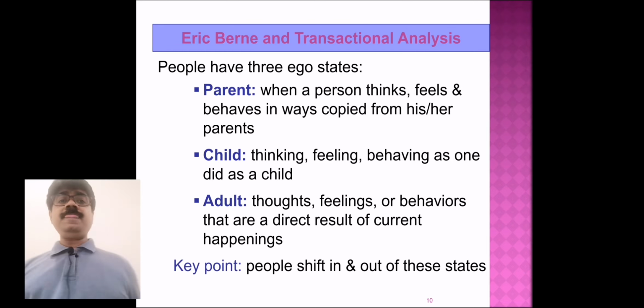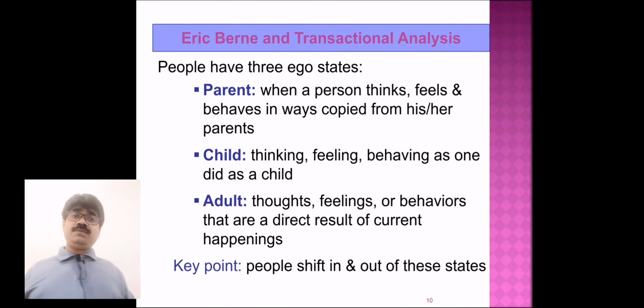The key point here is that people do shift in and out of these states, mind you. Everyone does. Suddenly you are in a parent ego and suddenly you shift to a child ego and sometimes to an adult ego, depending on the person you're talking to and the situation.